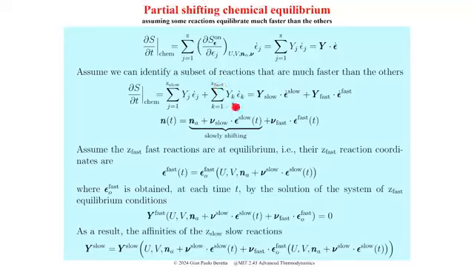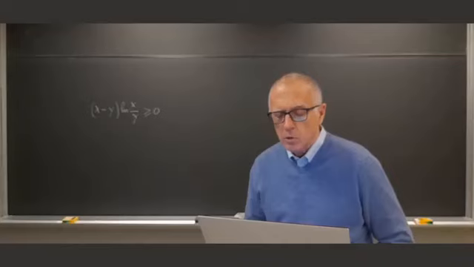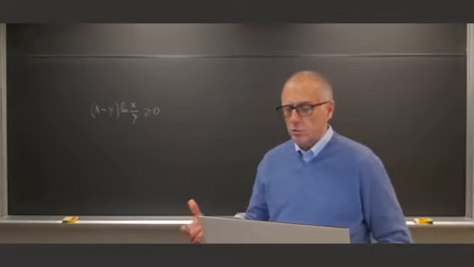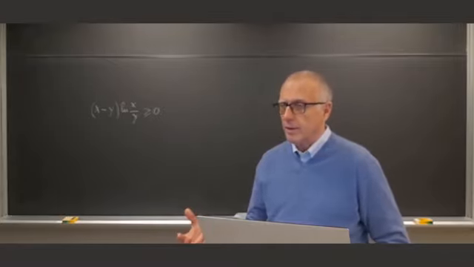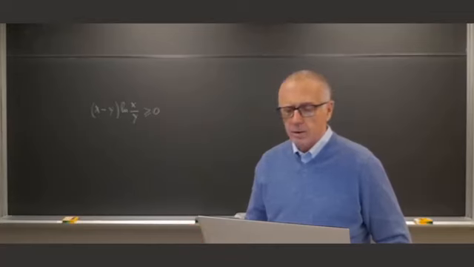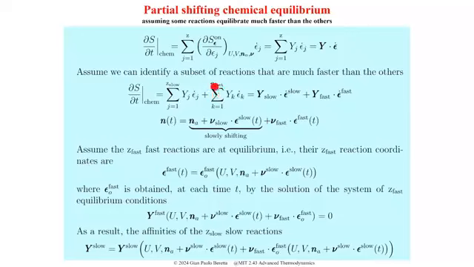So essentially we have moved the effects of this summation, which is actually fast, so it's producing entropy immediately. So we built it into the affinities of the slow reactions.